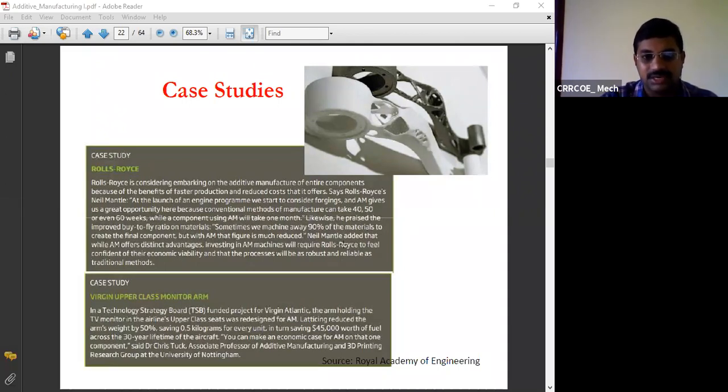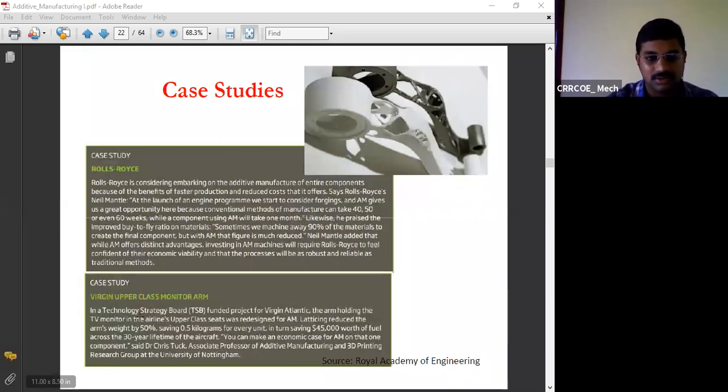Investing in AM machines will require Rolls-Royce to feel confident of their economic viability, and that the process will be as robust and reliable as traditional methods. So they have compared with the conventional methods, and given how they have felt the advantage.